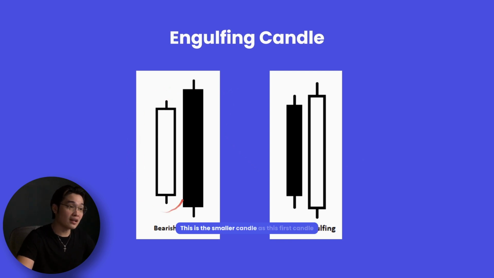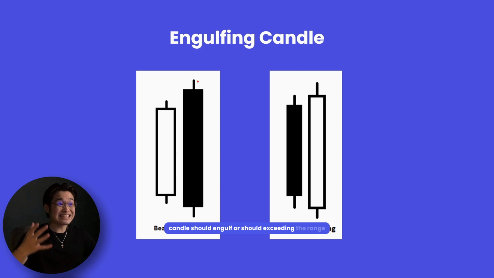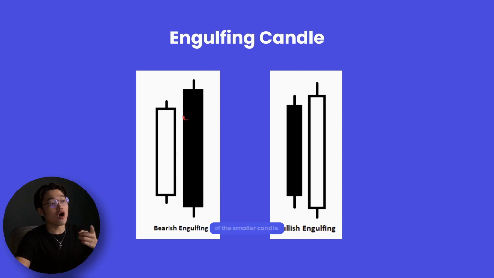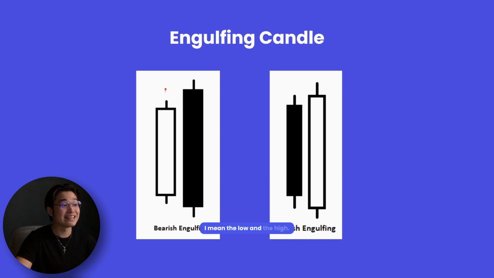This is the smaller first candle, and the second one is the big candle that engulfs it, exceeding the low and the high of the small candle. This is the engulfing candle. The range of the bigger candle should exceed the range of the smaller candle, both the low and the high.